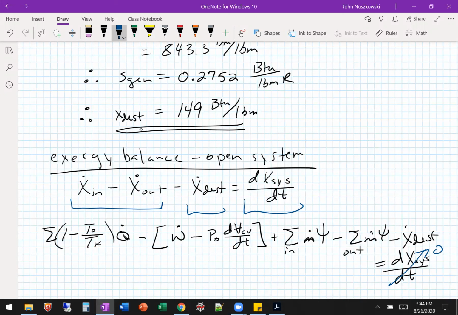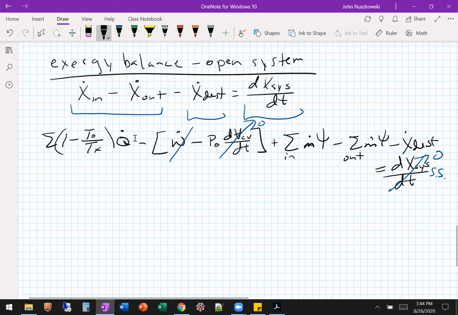Okay, so this goes to 0 on the right. Anything else? Volume. So it's not growing. Our control volume is not growing or shrinking. Okay, so that goes away. There's also no work on our actual device. All right, I think that's where we're left.